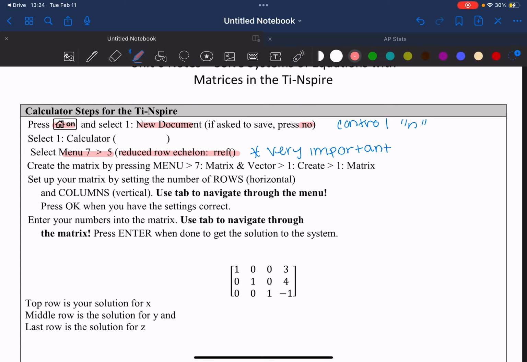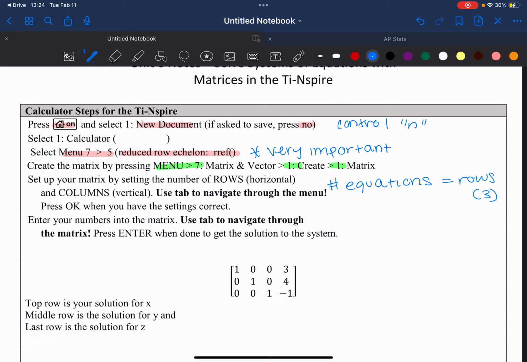Then you're going to create your matrix. So you're going to do menu 711. And you are going to type in your columns and rows. Since we've been dealing with 3 equations, that means you do 3 rows. So the number of equations equals rows, in our case 3.